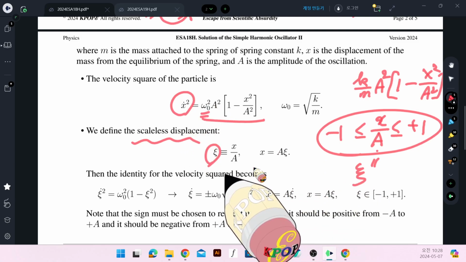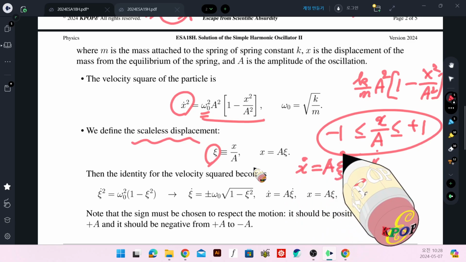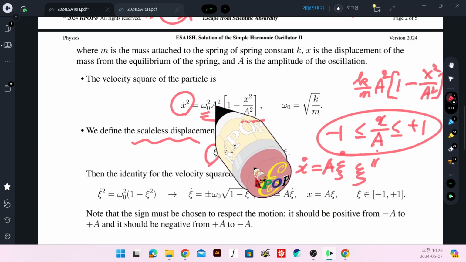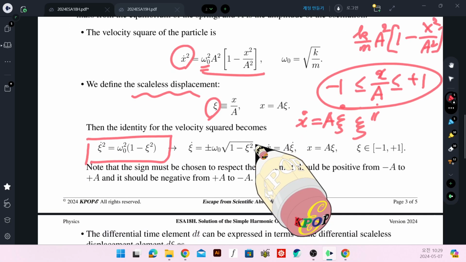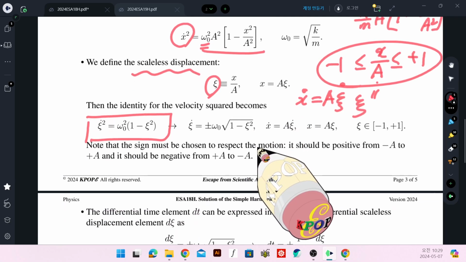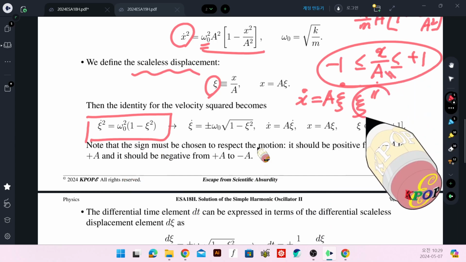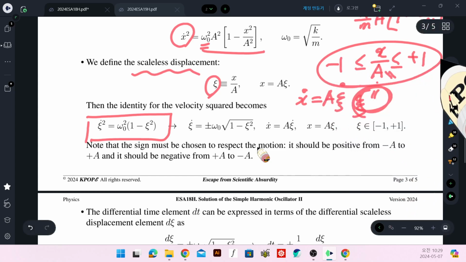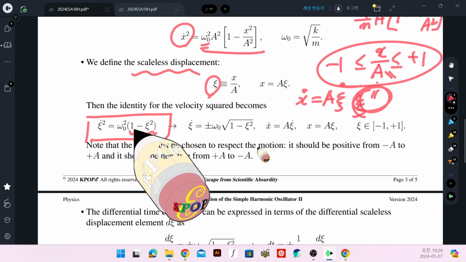X dot should be A c dot. So we divide both sides by A squared to find the expression for the scaleless variable, scaleless displacement c, like that. The c is in the region between minus 1 and plus 1. So this one, 1 minus c squared, varies from 0 to 1.